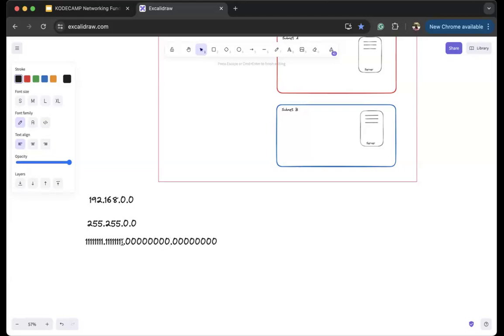And another 1, 2, 3, 4, 5, 6, 7, 8. So we have our octet complete.